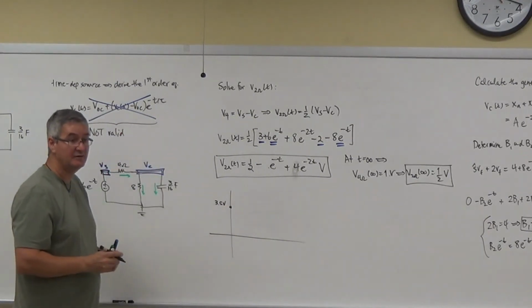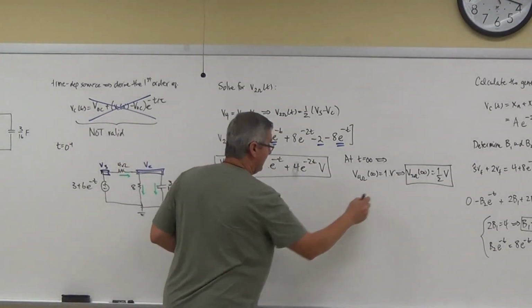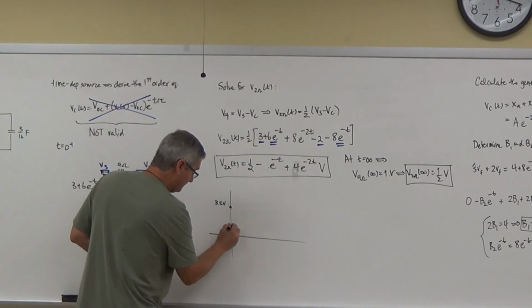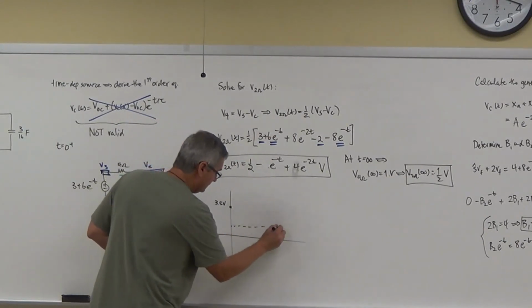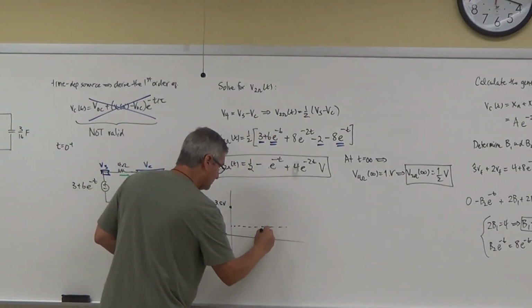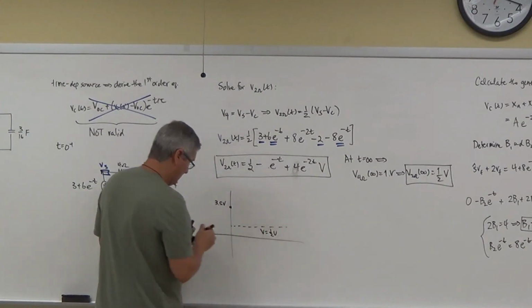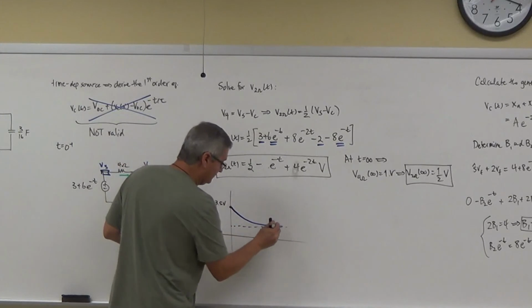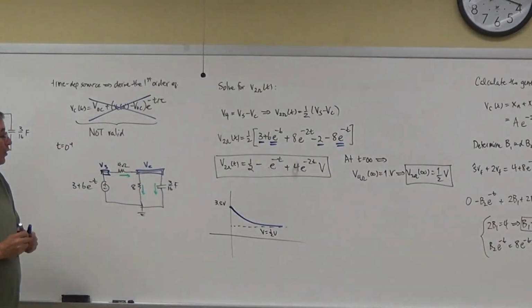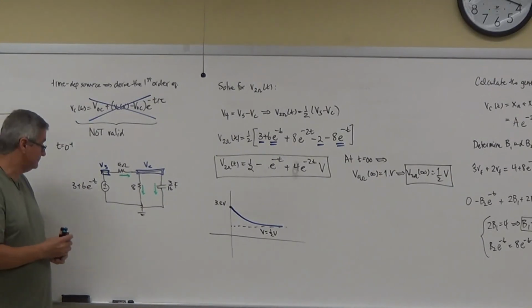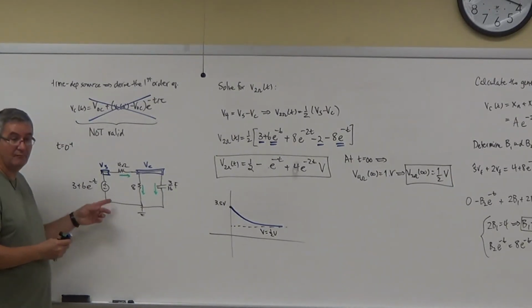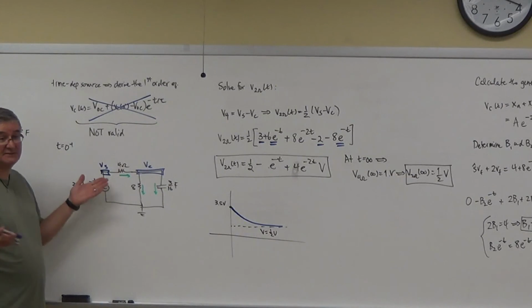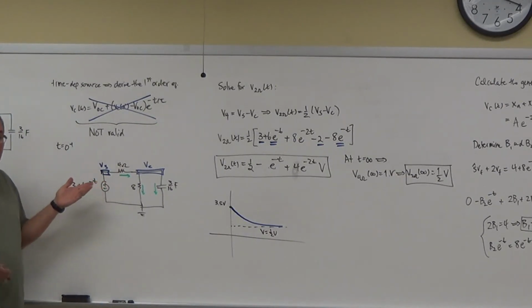And what's it going to decay to? It's got to decay to 1/2. So let's make this value here the 1/2, so the voltage equal to 1/2 volt. So we see that this guy has to decay down to this value right there. What is V2 at 0 minus? It has to be exactly the same thing, right?